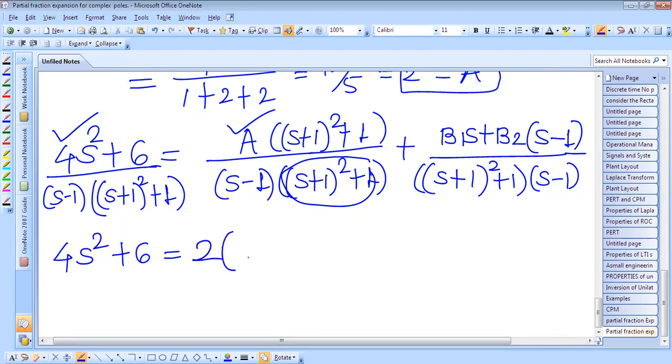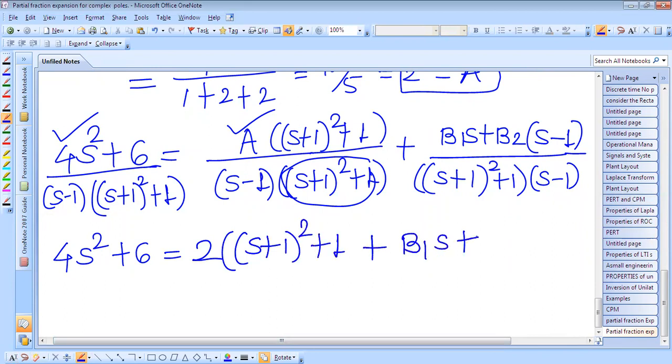So 2 into (s plus 1) square plus 1 plus (b1 s plus b2) into (s minus 1). Okay, so this term is there. Now we have to find b1 and b2.